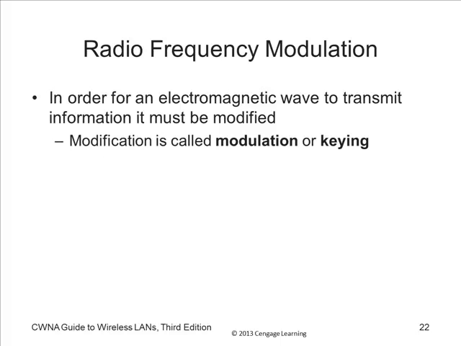For the electromagnetic wave to transfer information, it's got to be modified. Because what does a 60 cycle hum sound like? You may have heard that term. It's just noise, right? 60 cycle hum.